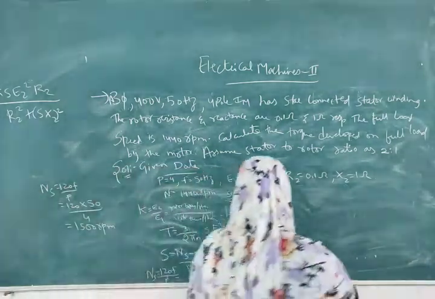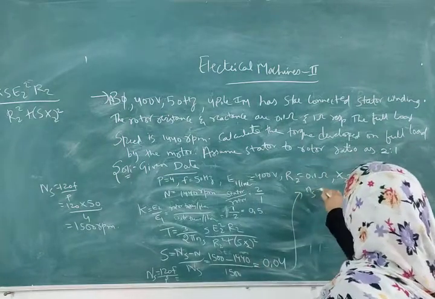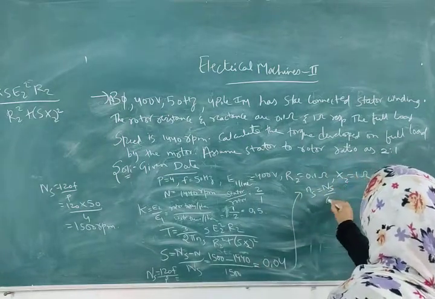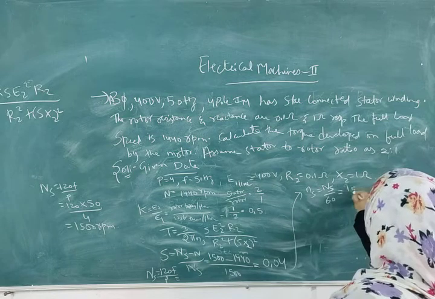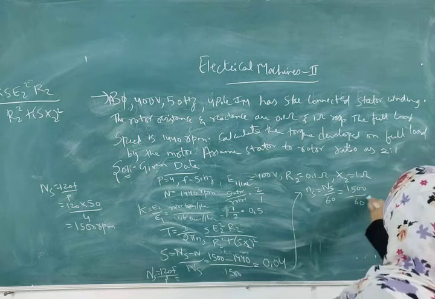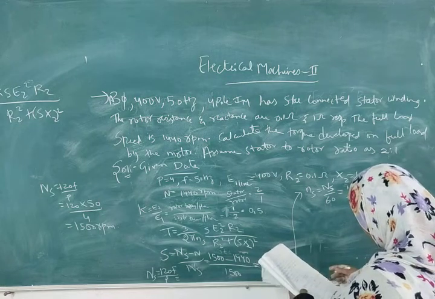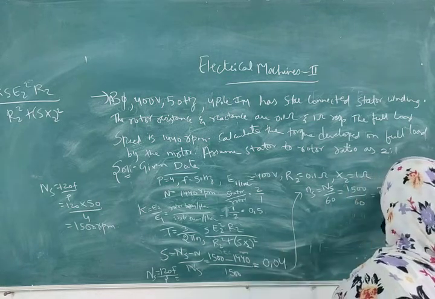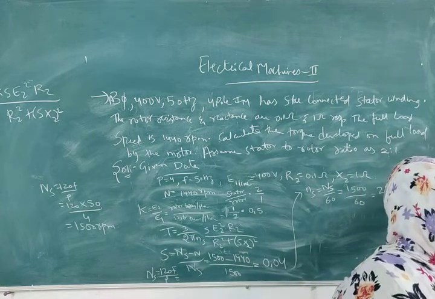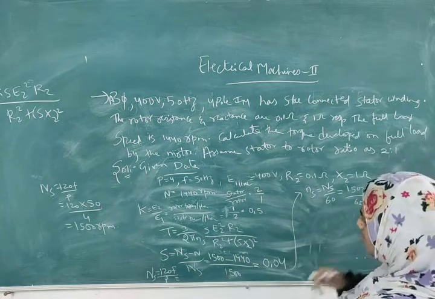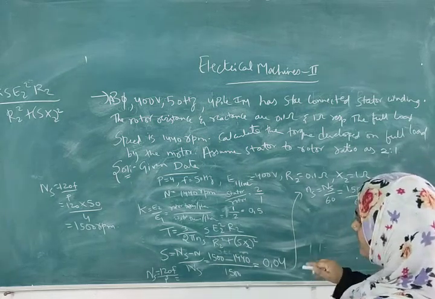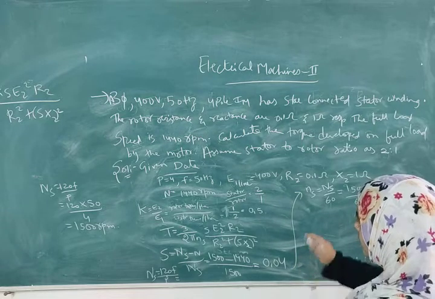Now we can calculate small ns, that is ns is equal to Ns by 60, 1500 by 60, that is 25 RPS. So we got the value of S, we found the value of ns, we know R2 and X2.